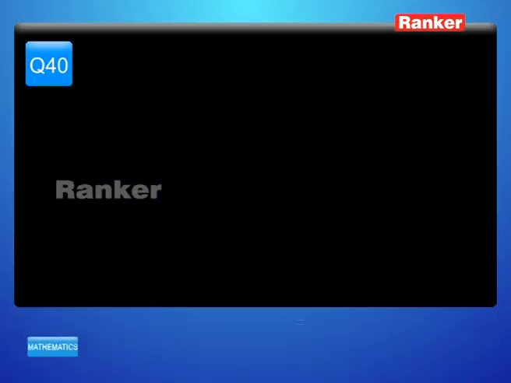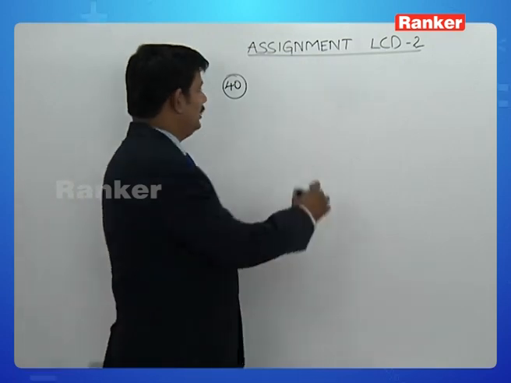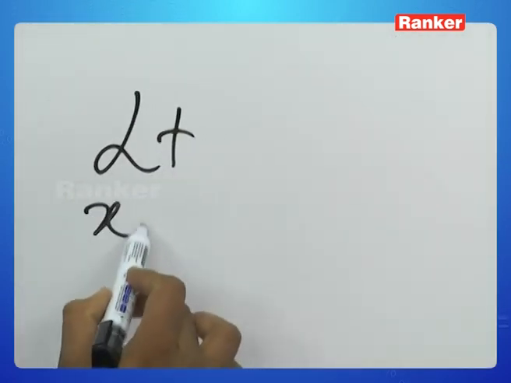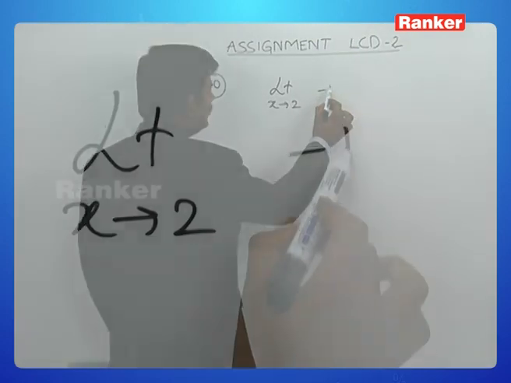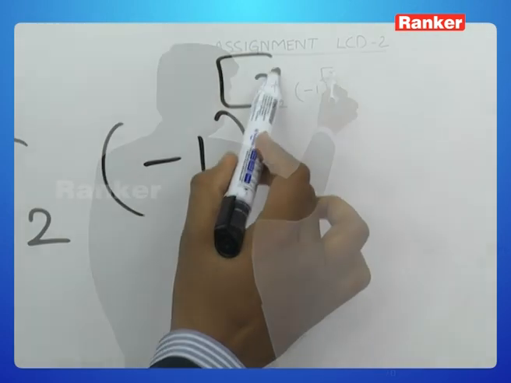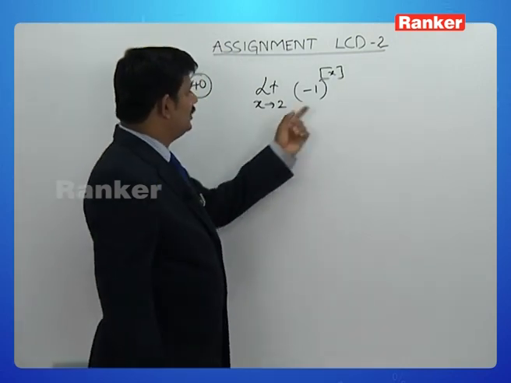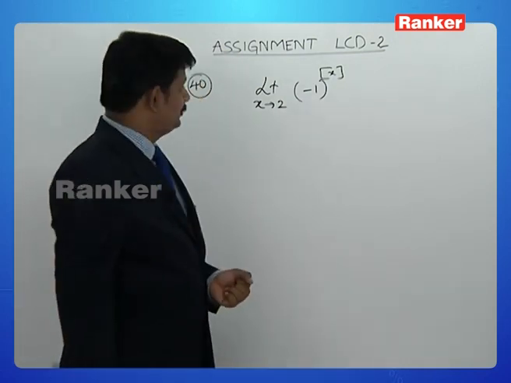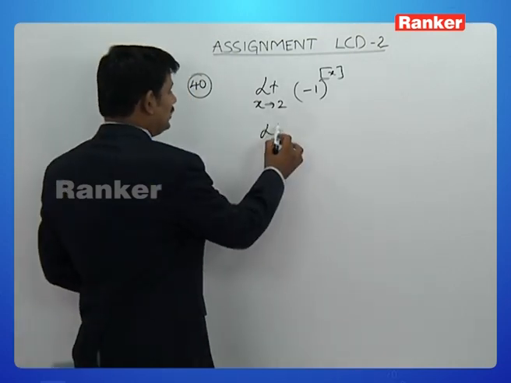Next question, evaluate limit x tending to 2 of minus 1 raised to integral part of x. So, as x tends to 2, we need to look at the behavior of the function minus 1 raised to integral part of x. Let us evaluate left hand limit and right hand limit separately.